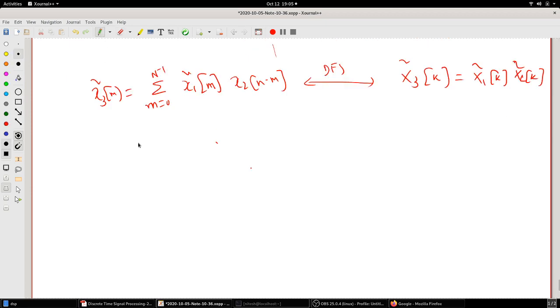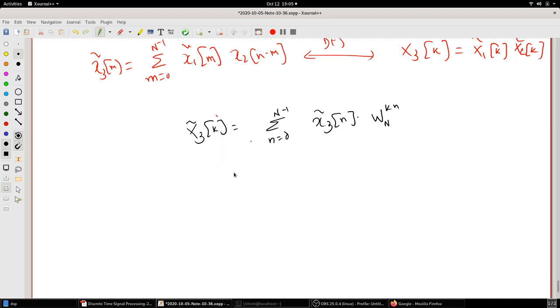First thing you'll have to do is find out x3 tilde of k, which is summation n equal to 0 to N minus 1 of x3 tilde of n into W_N^kn.